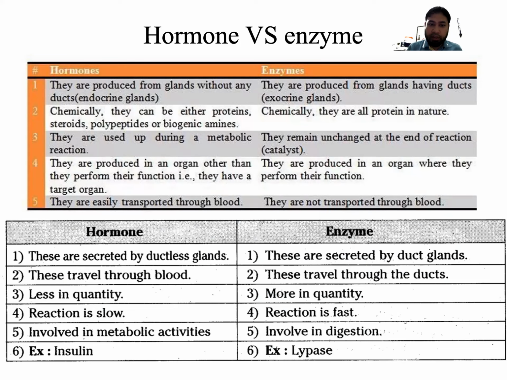Hormones basically belong to the endocrine system, but enzymes, some of them are also produced by glands too. But the glands are duct glands, meaning they have a special channel. They travel inside the blood. But the hormones can choose whether they act within the bloodstream or outside the bloodstream.